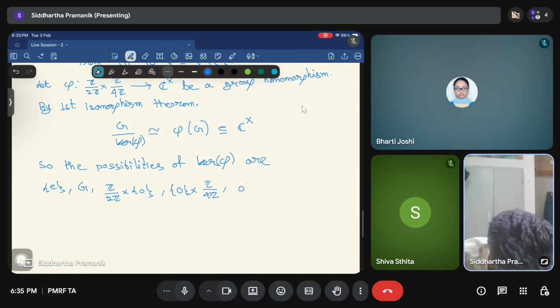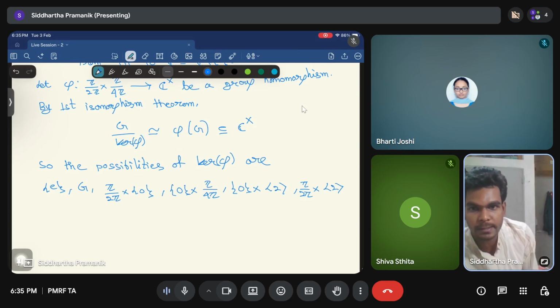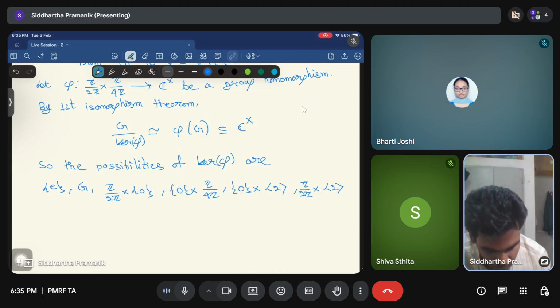It can be 0 cross the subgroup generated by 2. It can be Z mod 2Z cross the subgroup generated by 2. So I think these are the only subgroups. There are total 6. Yes. So these are all 6 subgroups of this group G.